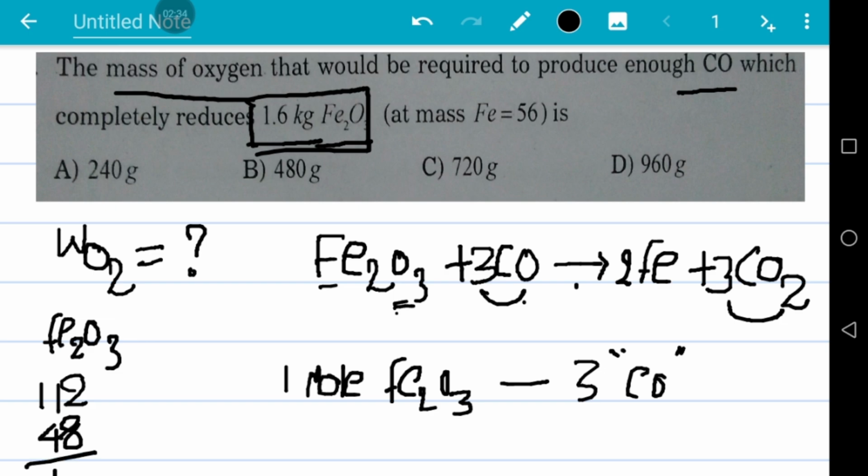So totally this is 160 grams. So 1 mole of Fe2O3 is 160 grams, and it is reduced with 3 moles of CO.